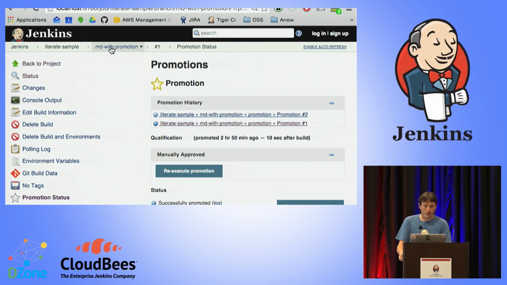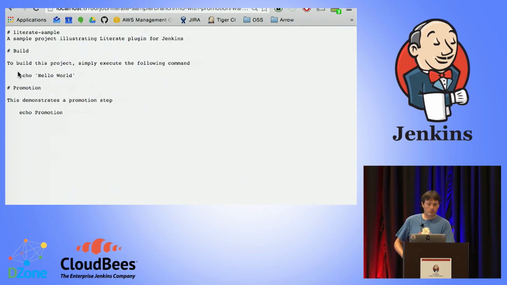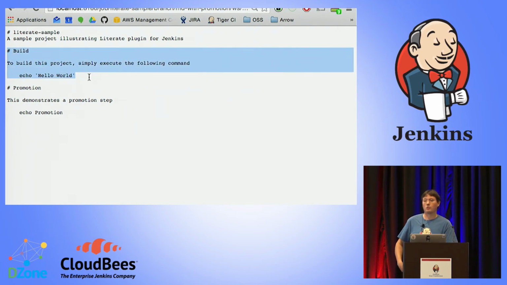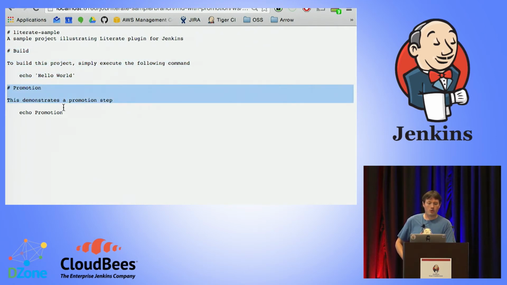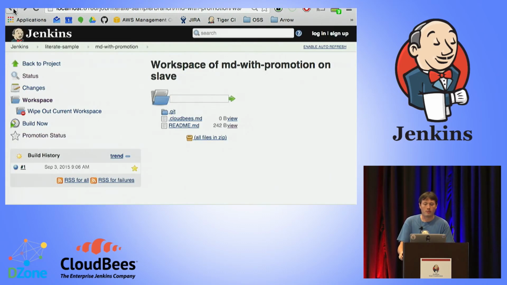If I take a look in the workspace to show you how it's set up, I have this build section, which you know, and then I have this other section, promotion, which I define in the job configuration. It uses the same system, so you can define the same formalism. It's just a different section name. So it already allows you to do a lot of things.